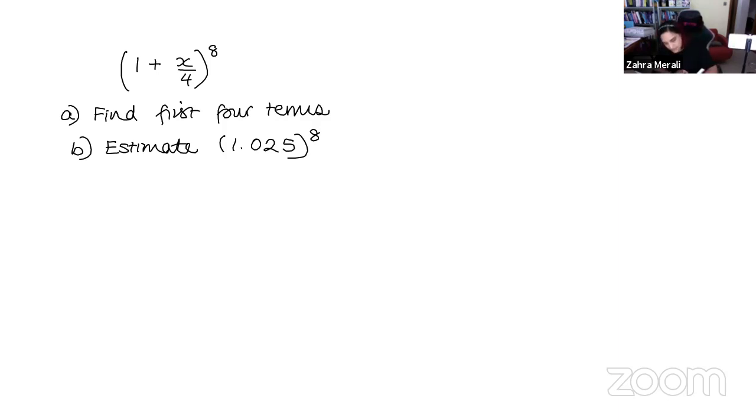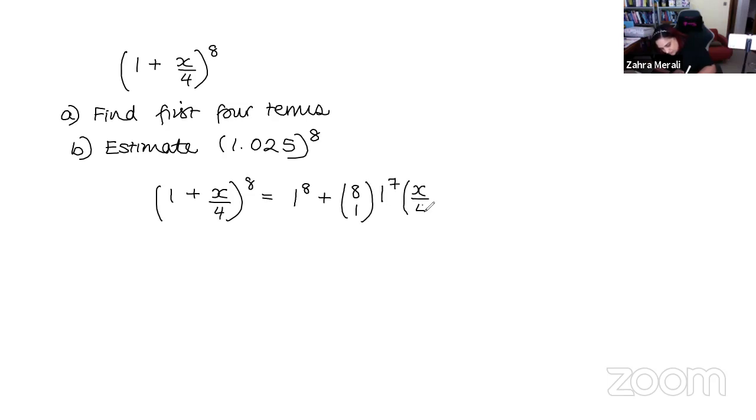So for part A, our a is 1 and our b is x over 4. So 1 plus x over 4 to the 8 is going to be 1 to the 8, so that's the a to the power of n, plus 8, 1 to the power of 7. Obviously you don't have to write 1 to the 7 in your working in the exam.